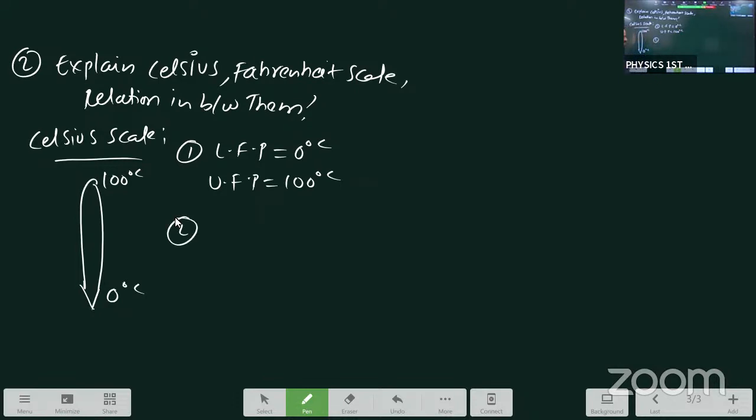So the Celsius scale means the least value is 0 and the highest value is 100. This one we call the ice point, and this one the steam point.